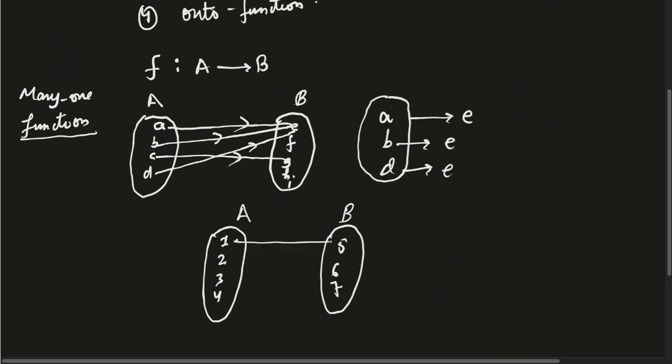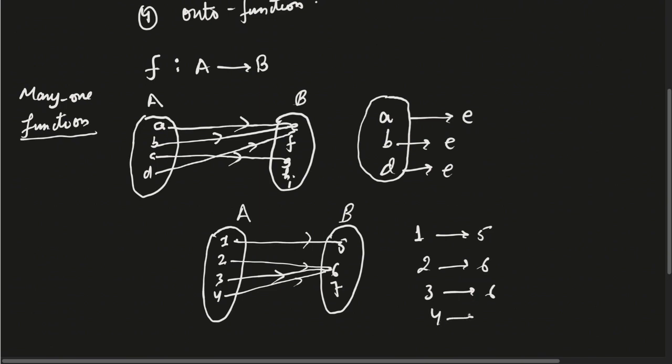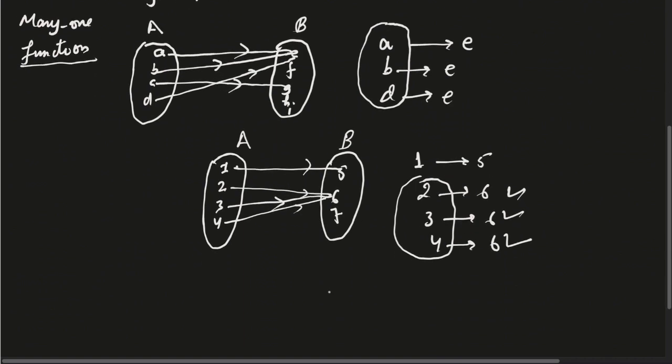Now 1 is mapped with 5, 2 is mapped with 6, 3 is also mapped with 6, and 4 is also mapped with 6. So here the image of 1 is 5, the image of 2 is 6, the image of 3 is 6, the image of 4 is also 6. So you can see that three elements in set A has the same image in set B. So these types of functions are called many one functions.